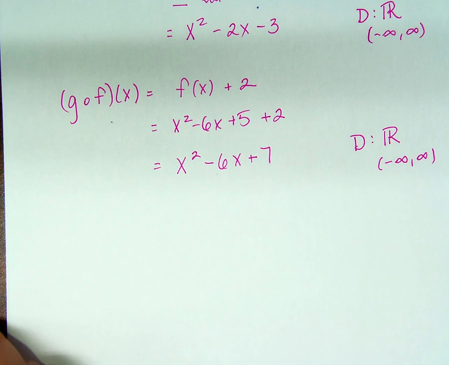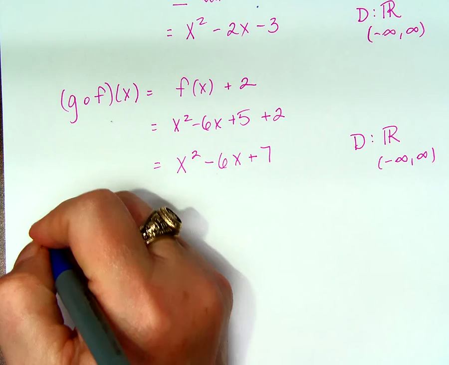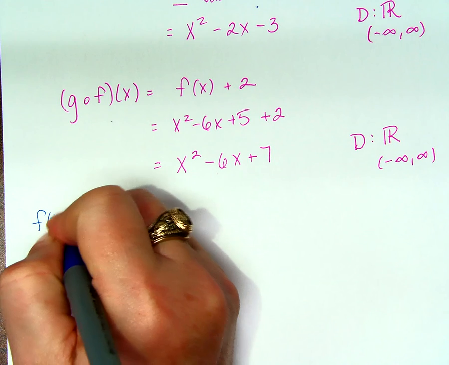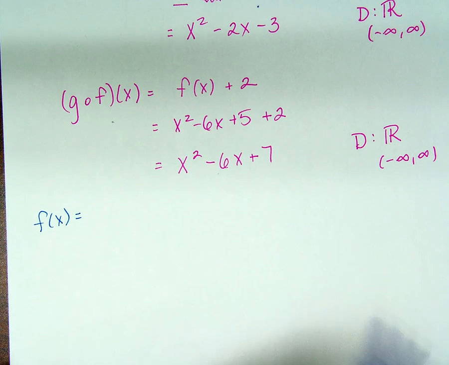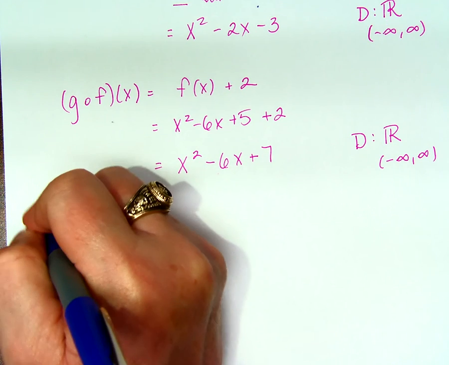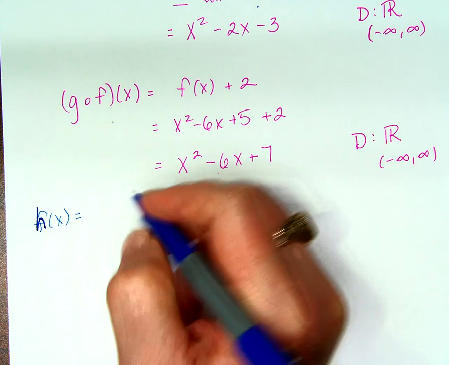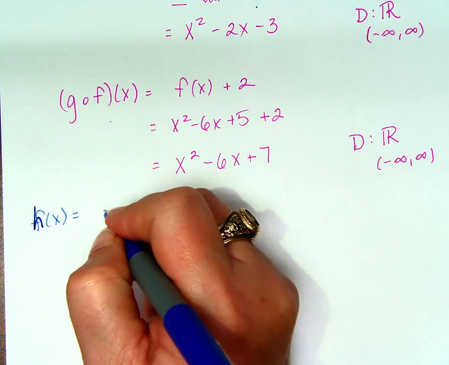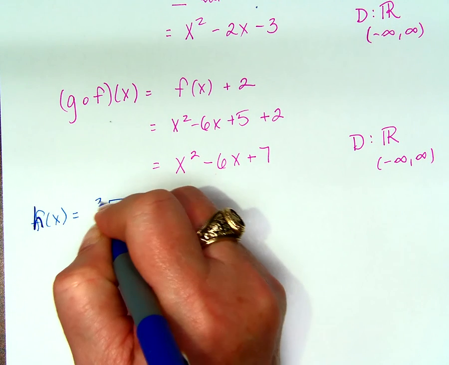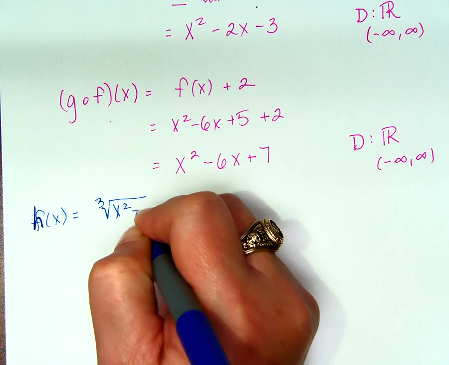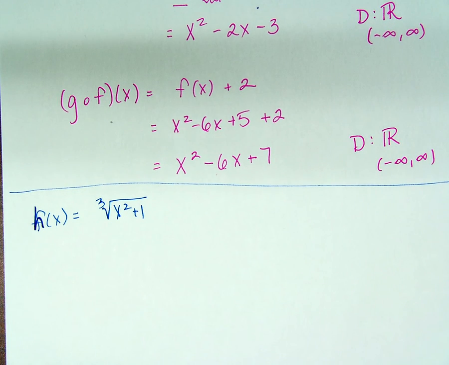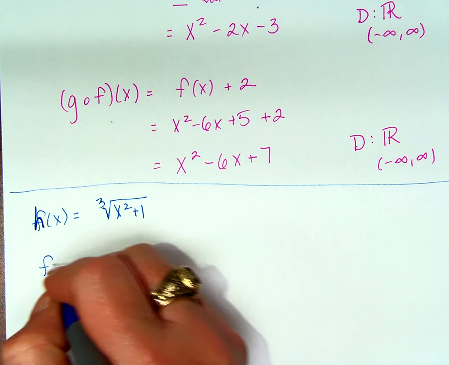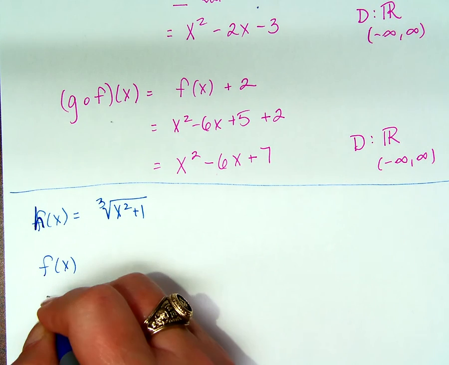What about this one? H of x is the cube root of x squared plus 1. It tells you what h of x is and asks you for f of x and g of x.